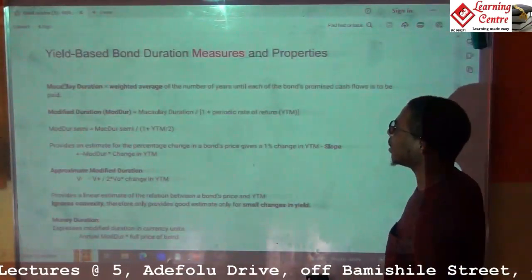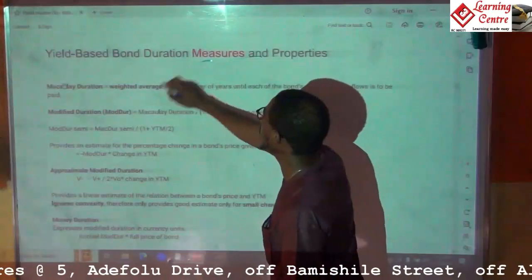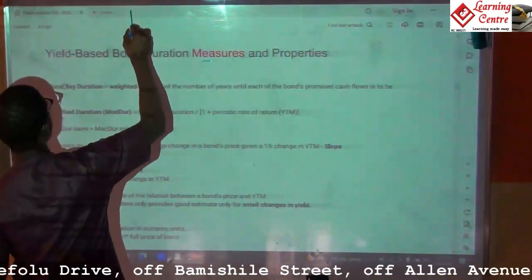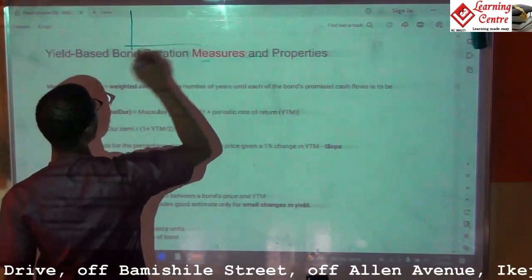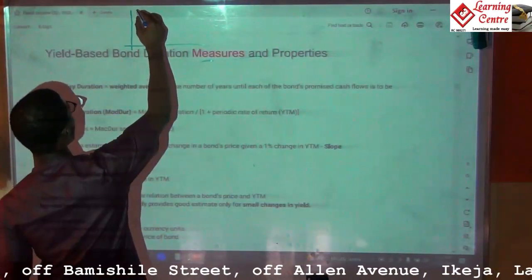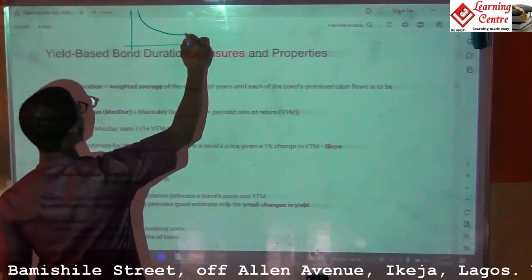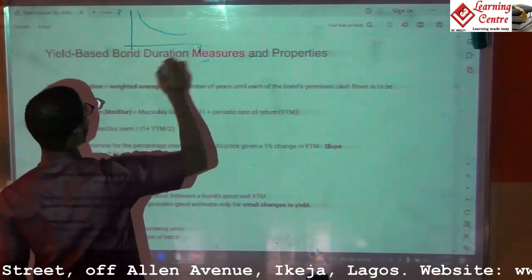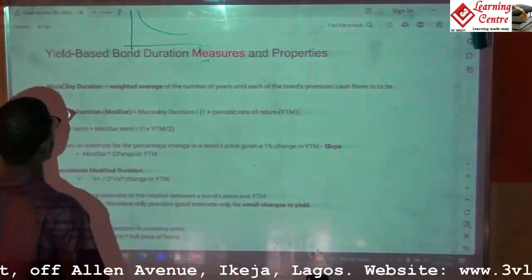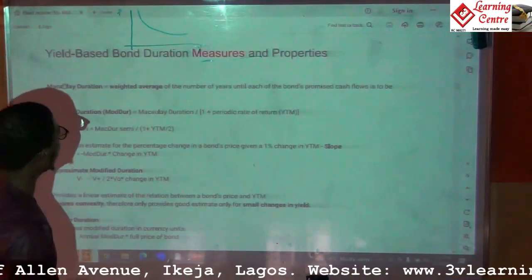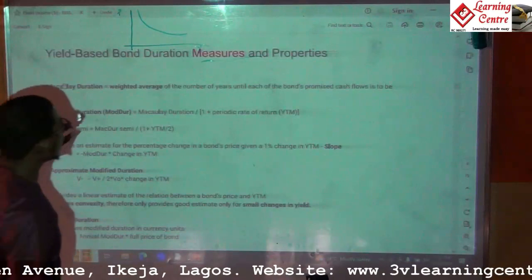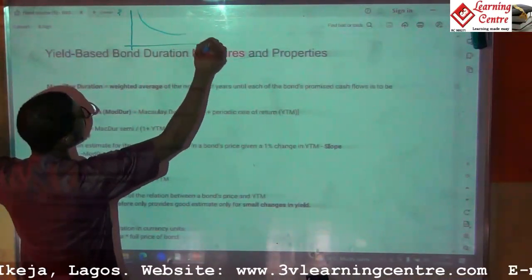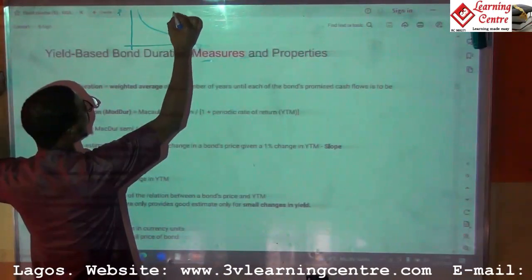All right, yield-based bond duration measures, and what is it? One very important part we must not forget as we go through these bond duration computations is the line between price and yield. The convention that we see in the bond price relationship is what we call convexity.